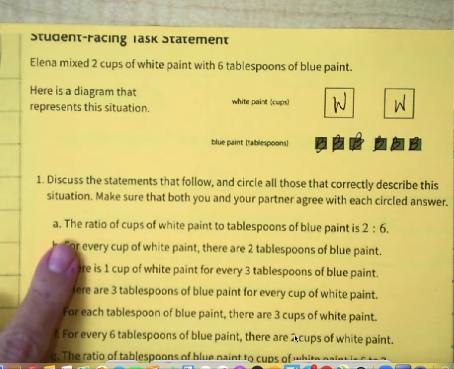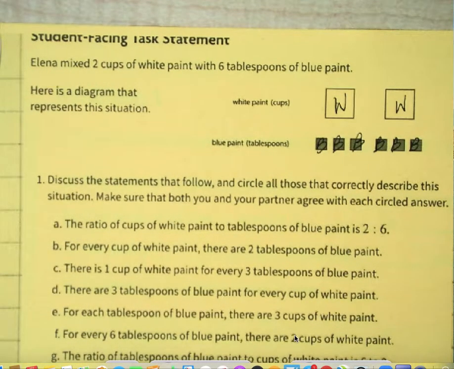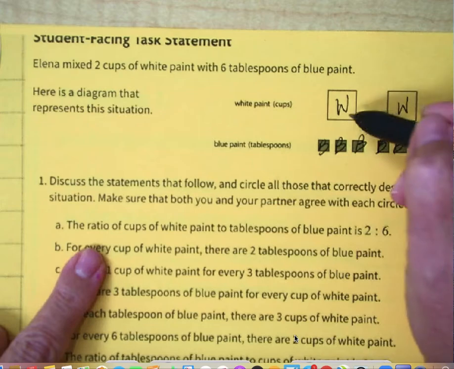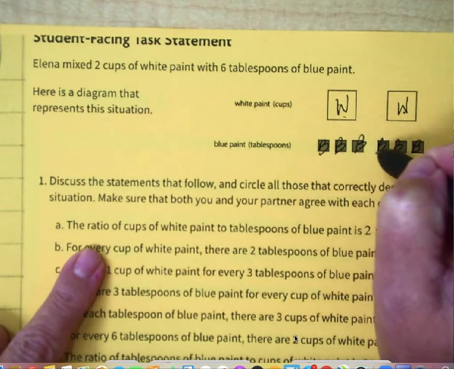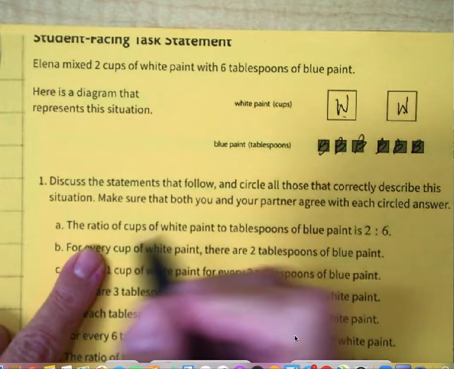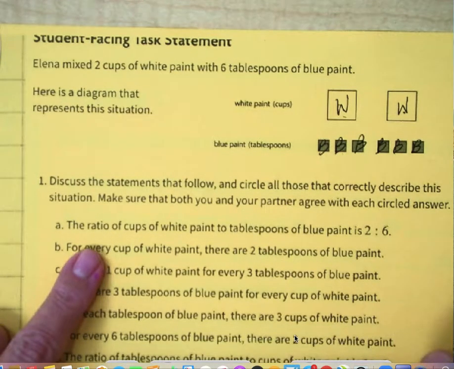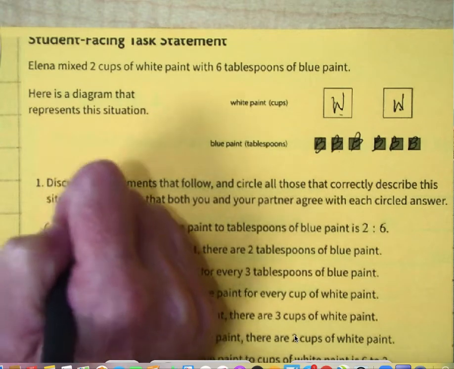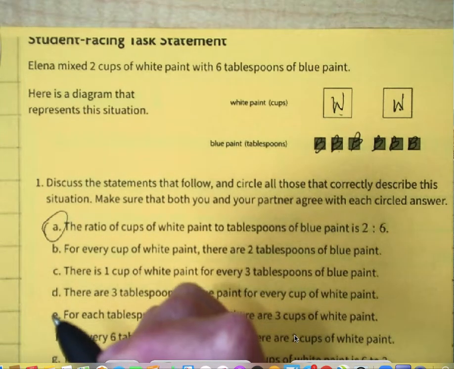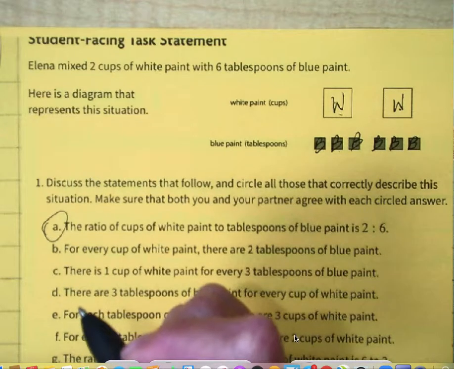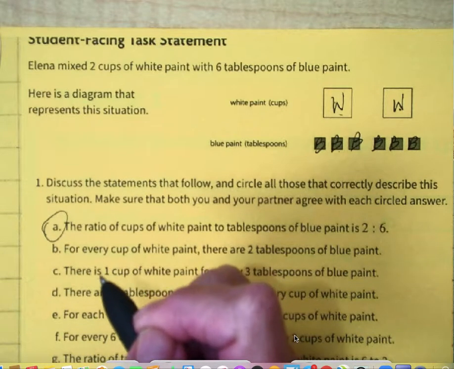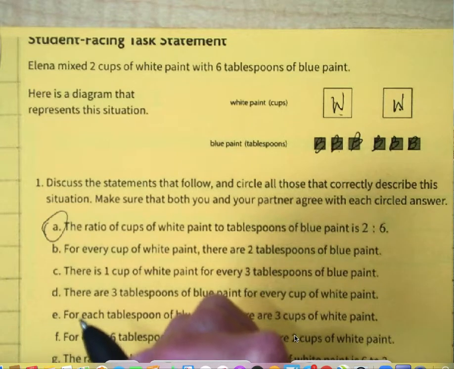Okay. So let's look at A. The ratio of cups of white paint to tablespoons of blue paint is 2 to 6. Do we have 2 whites? Yes, we do. Do we have 6 blues? Yes, we do. So will that one work? Yes, it will. Okay.